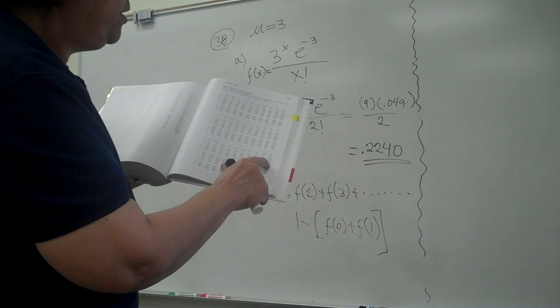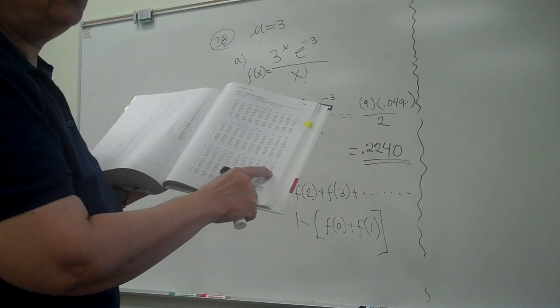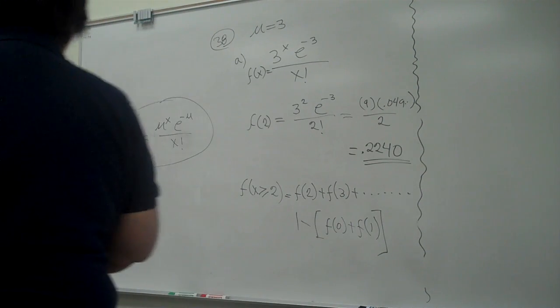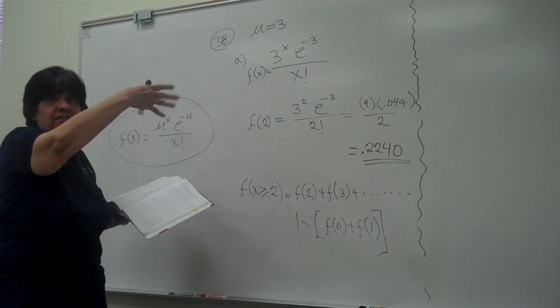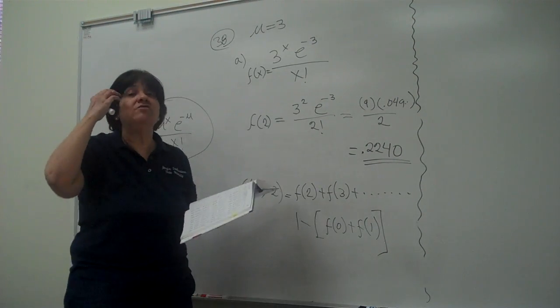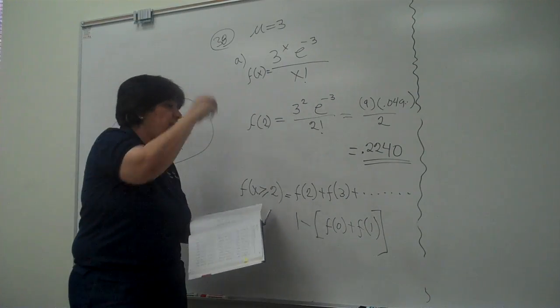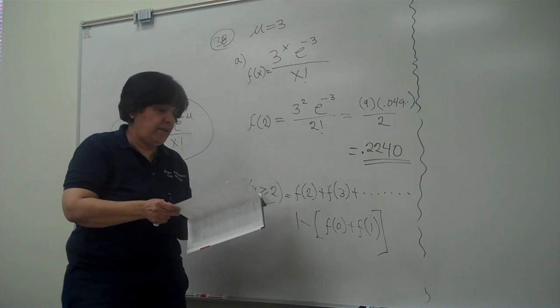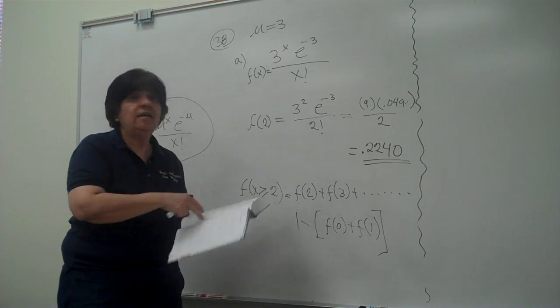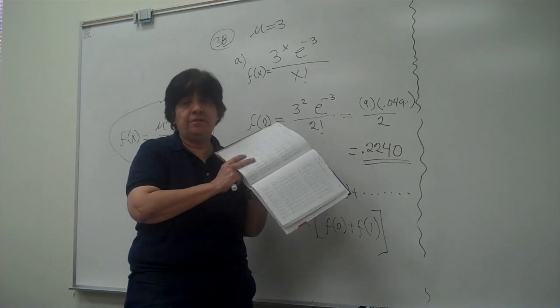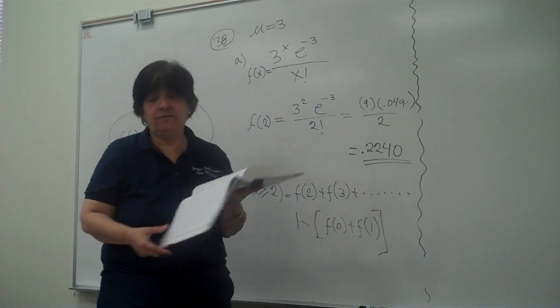The probability is 0.2240. It's exactly the same answer. So you don't have to do this calculation unless you cannot find mu in the tables. For example, if mu is equal to 3.07, there is no 3.07 in my tables. So I have to use the formulas.